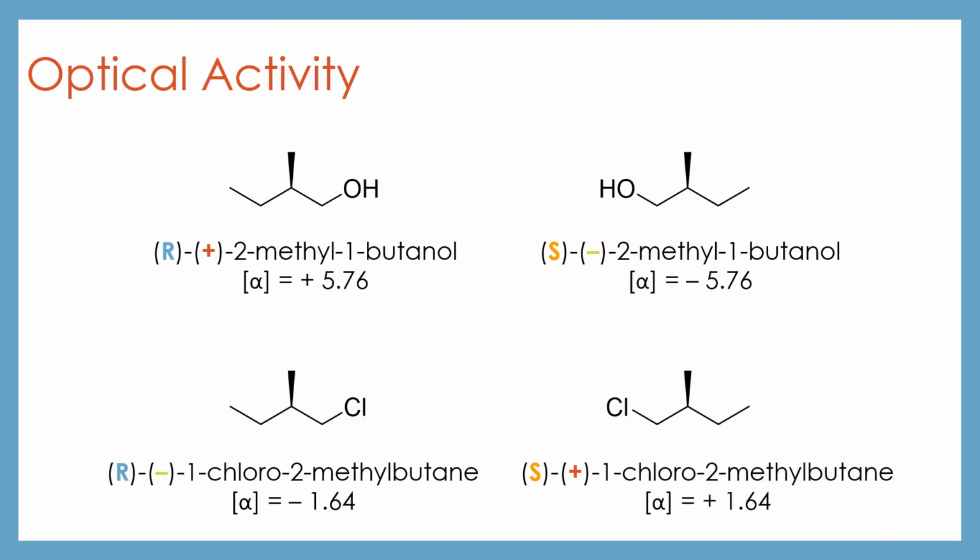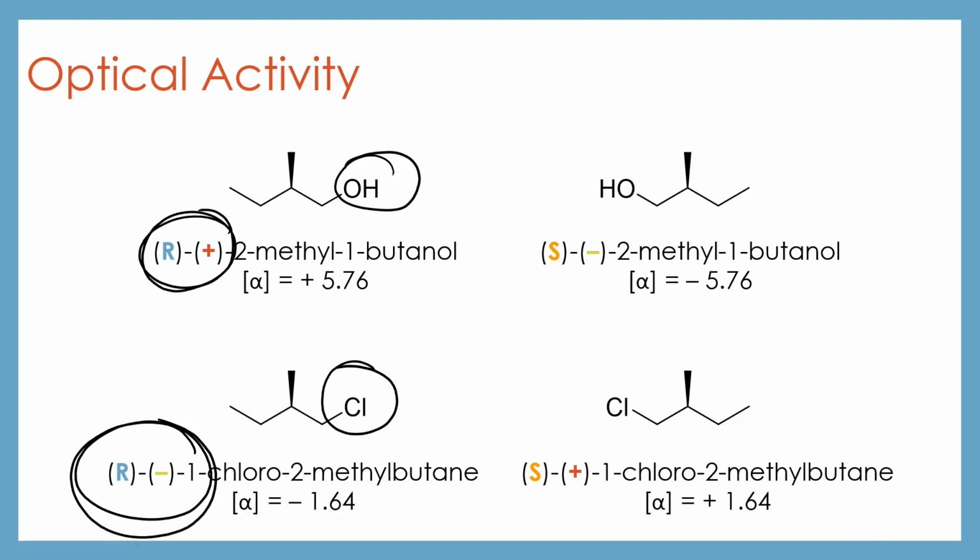Now you'll see, to prove the point that R and S do not necessarily correlate with D and L, notice that the R isomer had positive rotation here, but this R isomer has negative rotation. And these molecules are even alarmingly similar. The only difference is the hydroxyl group versus the chloro group.